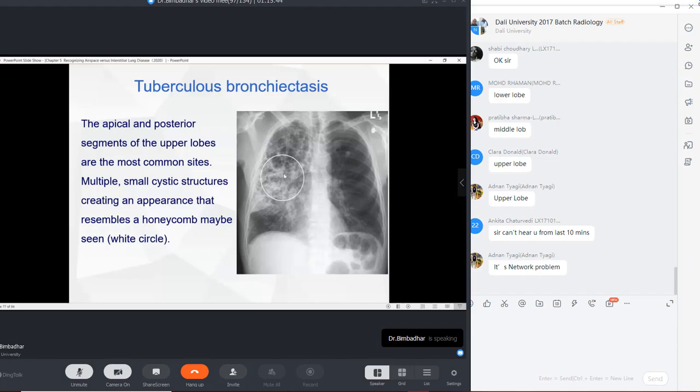But still remember, heterogeneous radiolucencies involving a segment of the upper lobe and lower lobes is called tuberculous bronchiectasis. And this one also resembles a pattern of honeycombing. It means interstitial honeycombing is also a pattern of tuberculosis, right?